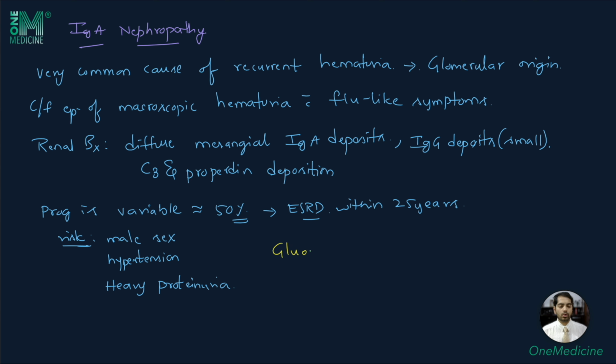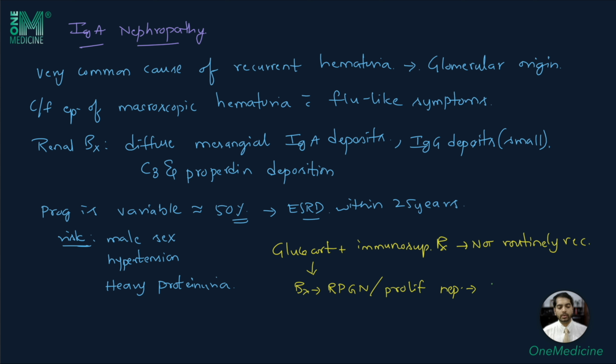Usage of glucocorticoids and immunosuppressive therapy is not routinely recommended, whereas the biopsy showing rapidly progressive glomerulonephritis or proliferative nephropathy can be treated with glucocorticoids plus immunosuppression. The next big topic is renal tubular disease.